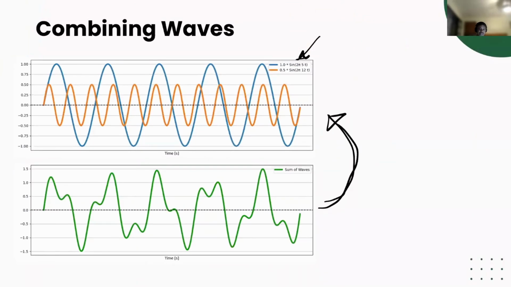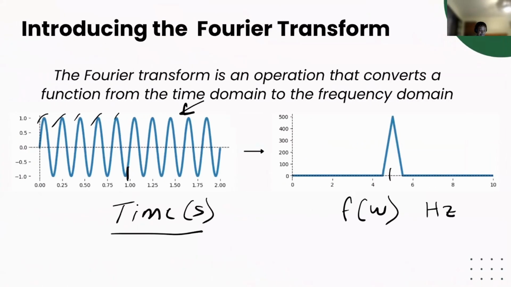Can you tell us exactly what X and Y is in the frequency graph? So the X-axis is the frequency. It tells us how often this wave oscillates in a specific period of time, in this case, a second.